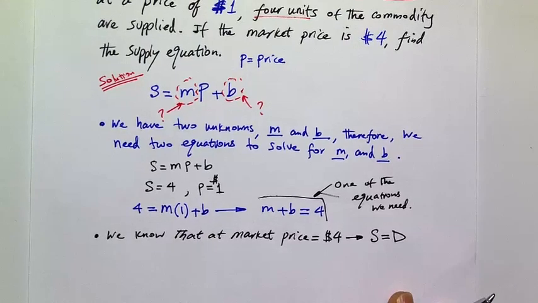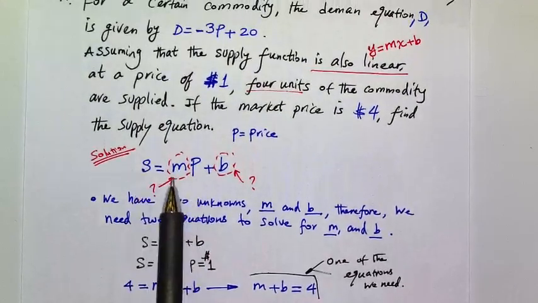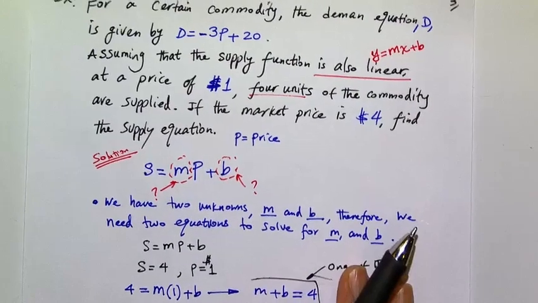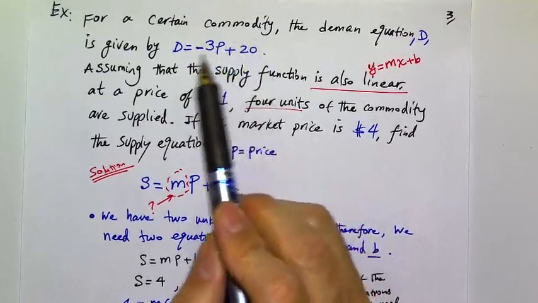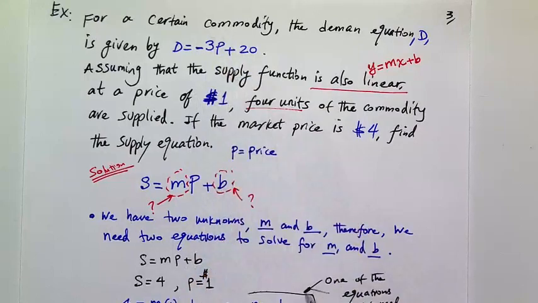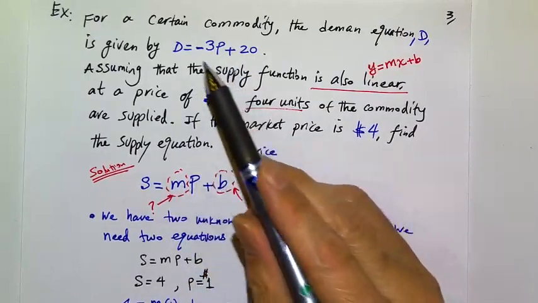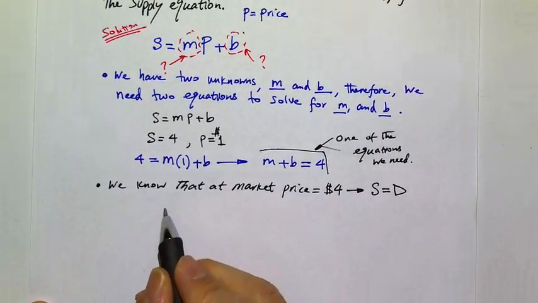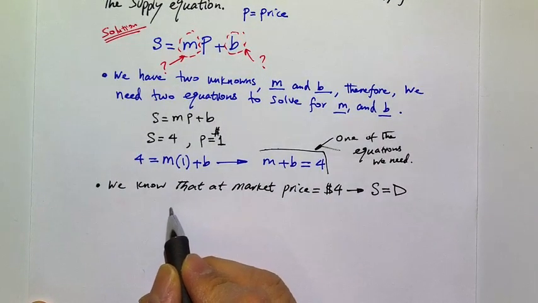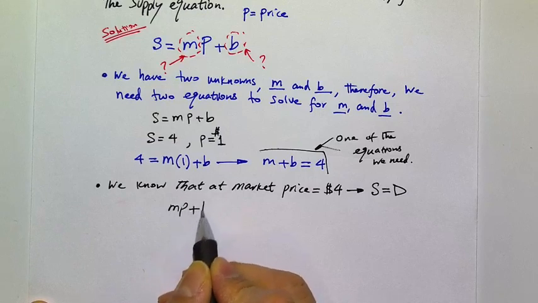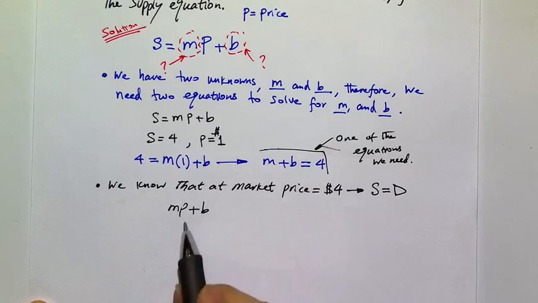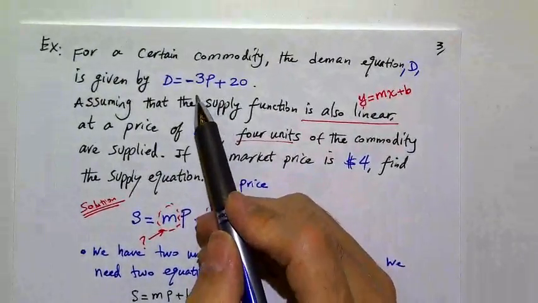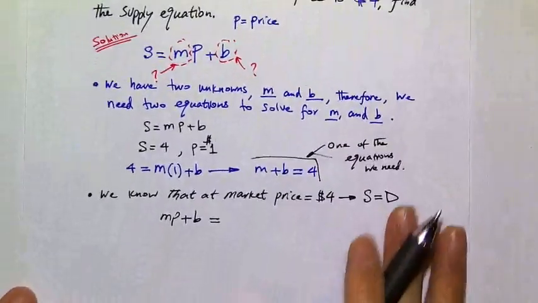Then that means the supply, MP plus B, should be equal to the demand, which is minus 3P plus 20. So let's set these two equal to each other: MP plus B, that's supply, equals the demand, minus 3P plus 20.